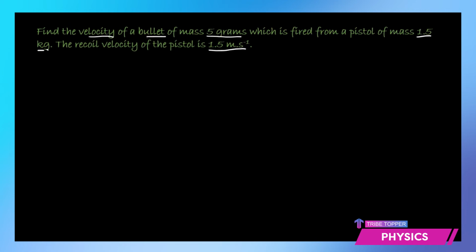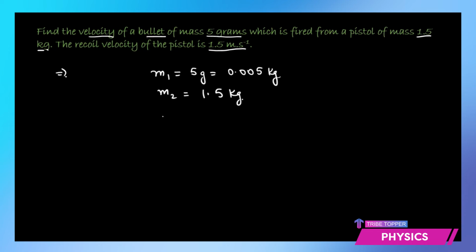Now let's convert the units. The mass of the bullet, m1, is 5 grams, which is 0.005 kilograms, and it is fired from a pistol of mass m2, which is 1.5 kilograms.